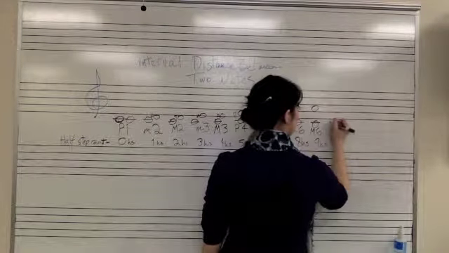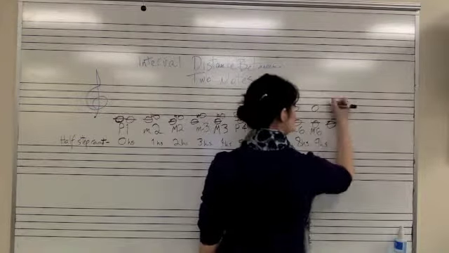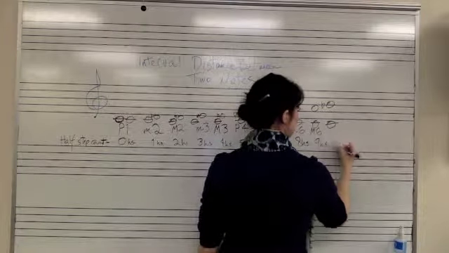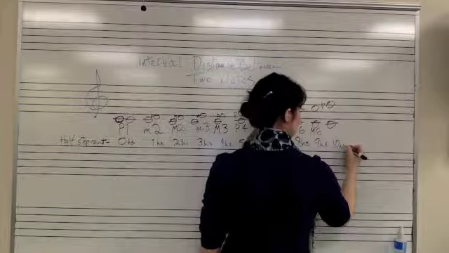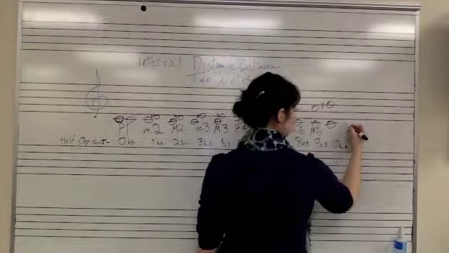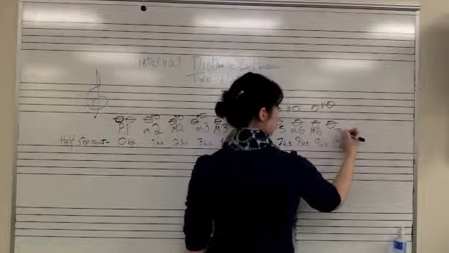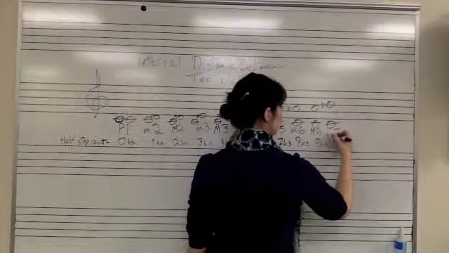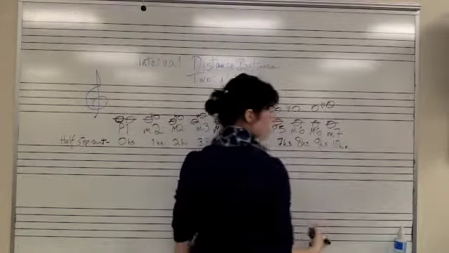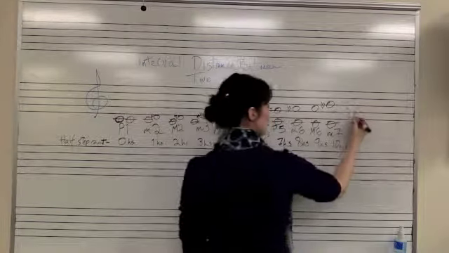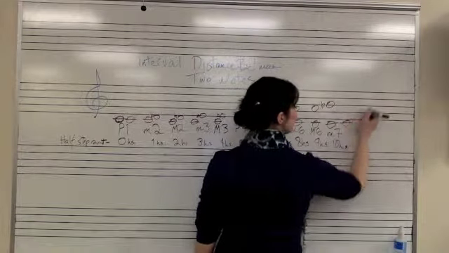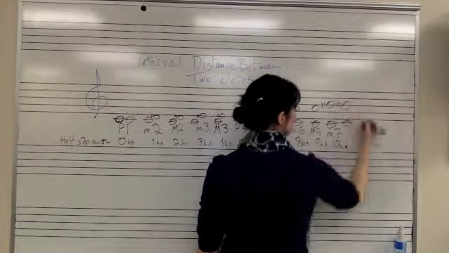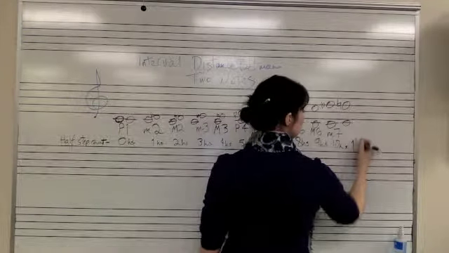All right, if we keep going to B flat, just like that, 10 half steps, it's a 7th apart, and since it's the smaller of the 2 possible 7ths, we're going to call it a minor 7th. If we keep going, finish it off. Here we've got B natural, so 11 half steps.